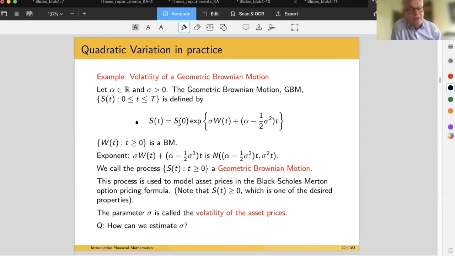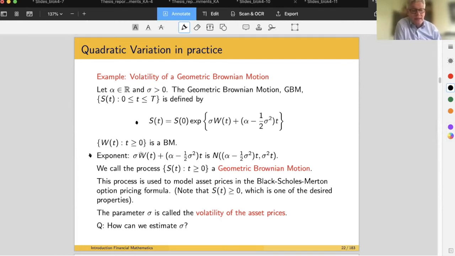S0 is the stock price value now, and we look at the development in the future, which is then based on a Brownian motion in the exponent of this model. Now, if we look a bit more carefully at the exponent, sigma W plus (alpha minus 1/2 sigma squared) times T, we recognize this is a Brownian motion and some deterministic term.